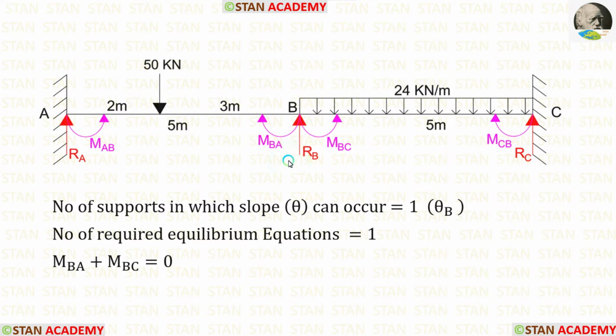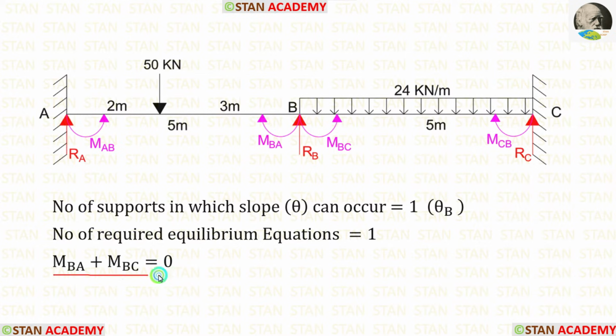Now let us see the joints. In this beam, there is only one joint, that is joint B. In the joint B, there are two moments, MBA and MBC. We already know that in the joints, the summation of the moments will be 0. That means when we add MBA and MBC, it will be 0.